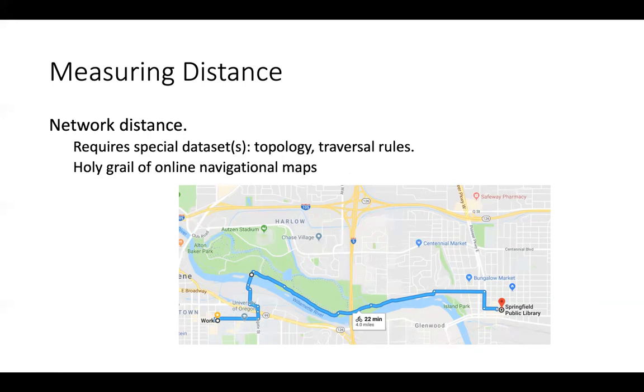This network distance shows me that to ride from my office in Condon Hall, following the bike network, it is actually 4 miles to get me to the Springfield Public Library. But as you can see on the map, it doesn't look like the most direct route, but it's the safest and easiest on a bike, which is why Google gives it to me as my route. As you might be able to imagine, network distance is the holy grail of online navigational maps.